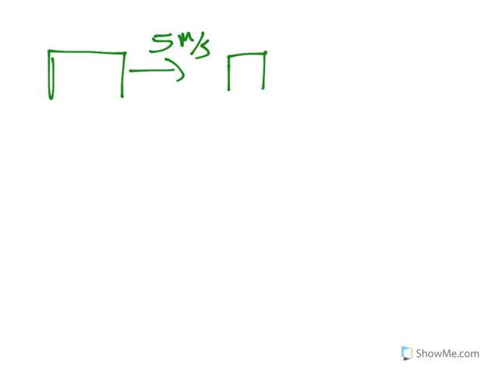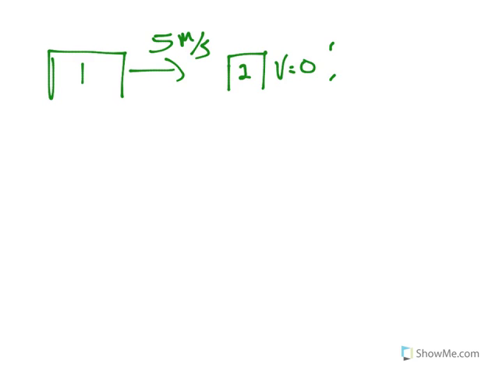In this one, let's say that we have glider 1 coming in at 5 meters per second, and glider 2 is stationary initially. So we don't know what glider 2 is. Glider 2 has a velocity of 0.